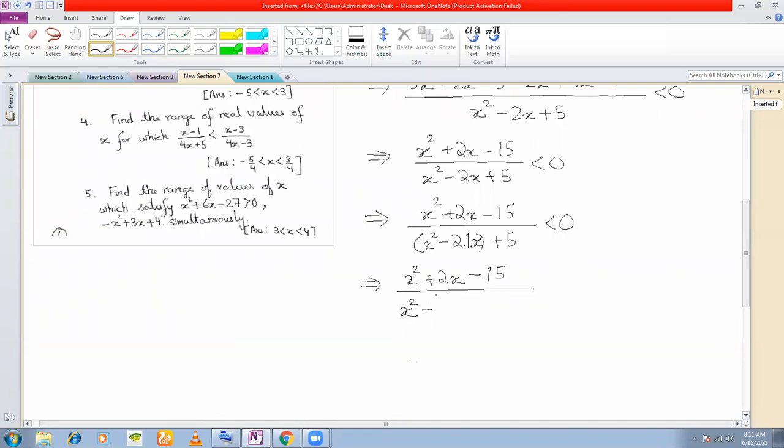This you have x square plus 2ab, you have 2 into 1 into x. What is missing? Plus b square minus b square. So I added the b square term and subtracted the b square term also, plus 5. Okay.